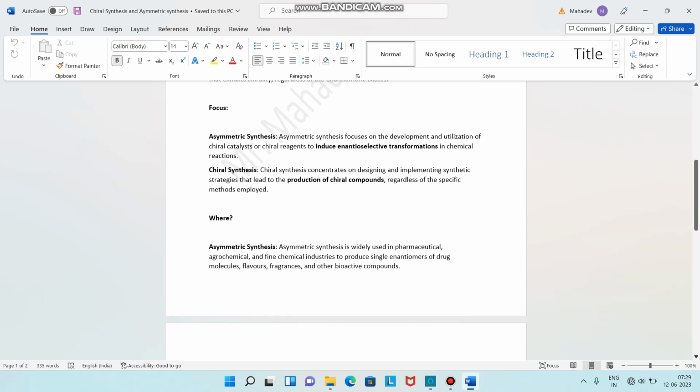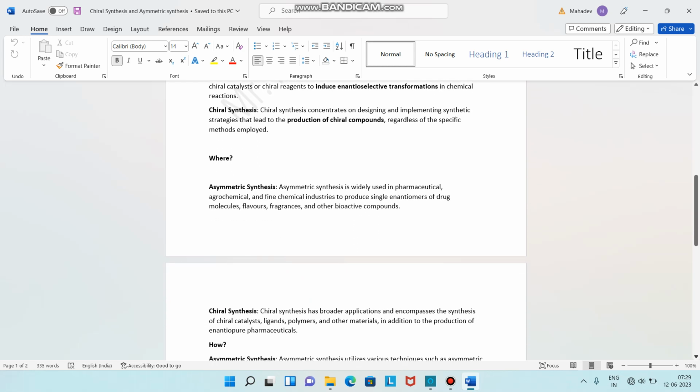Then where is it synthesized, I mean where is it done, where is it useful? Asymmetric synthesis is used in pharmaceutical, agrochemical, and fine chemical industries, and it is used for flavor, fragrance, and biological activity.